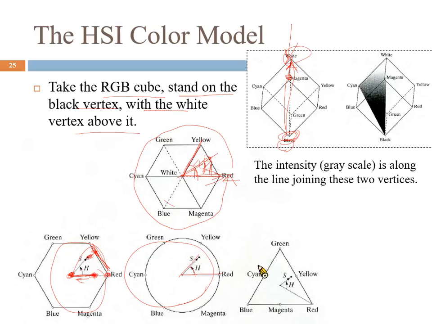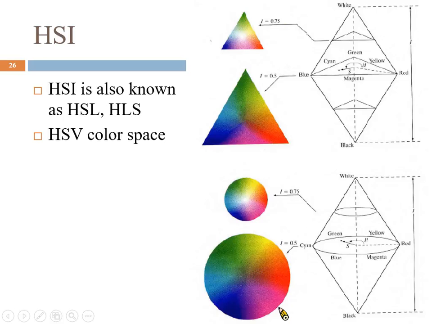And sometimes we can also view it simply as a triangle, from red, yellow, green, cyan, blue, and magenta. And the intensity value is defined as the distance from a specific point to the black color or to the white color.